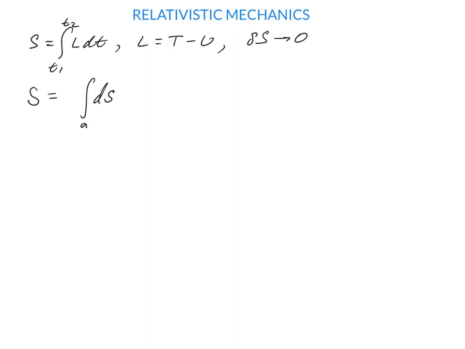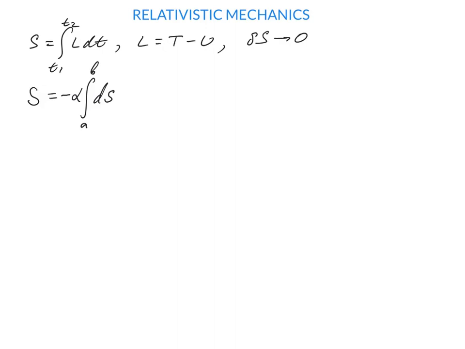So we have to integrate between the initial and final world points, and then there can be some coefficient here that may depend on the mass of the particle. It can contain some fundamental constants, and we can see that the constant has to be negative. So we'll put a minus sign here, and then alpha will be positive.